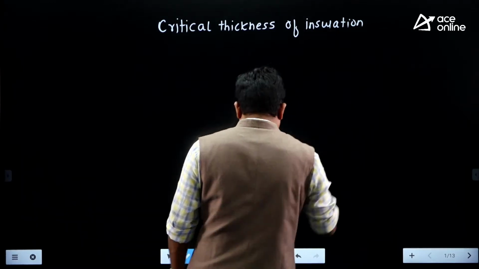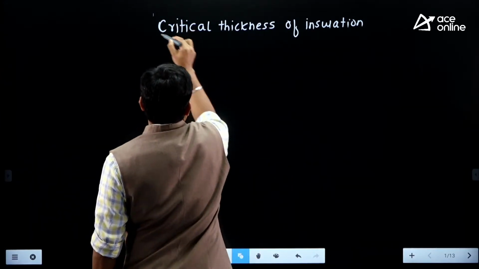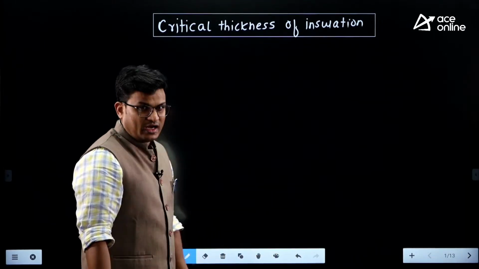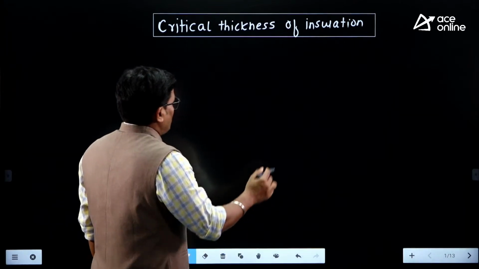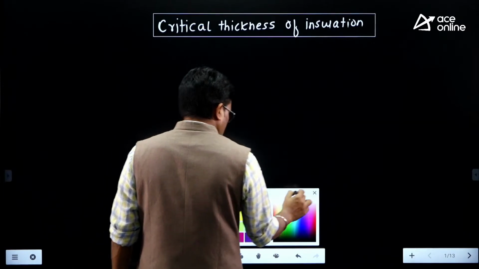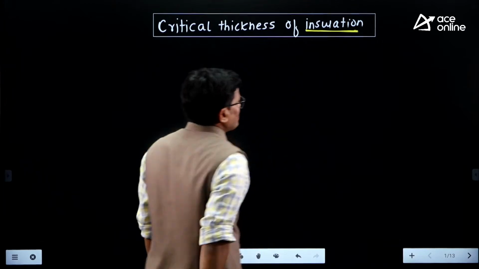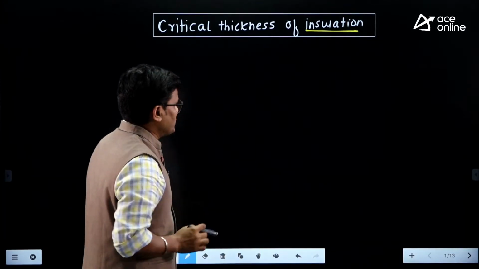So make sure that in critical thickness of insulation, the word that is very important is insulation. So here we are going to talk about the insulation only. We are not going to talk about anything other than that, only insulation.